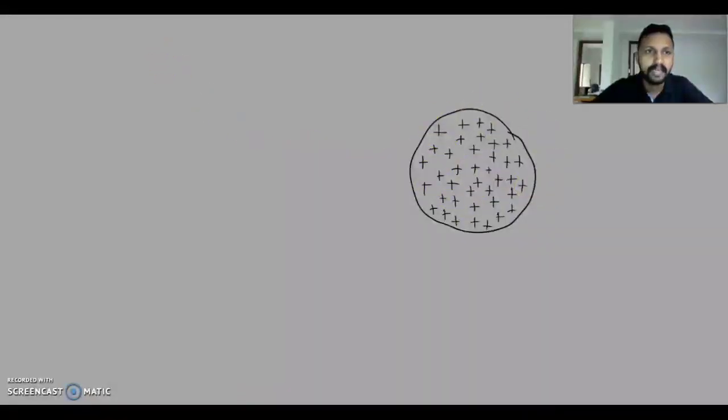Then let us assume that the radius of this sphere is capital R. We have to find out the electric field intensity due to this solid non-conducting sphere, for which let's initially find out the electric field intensity inside the sphere.